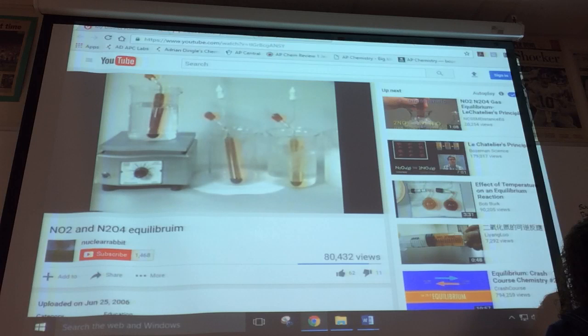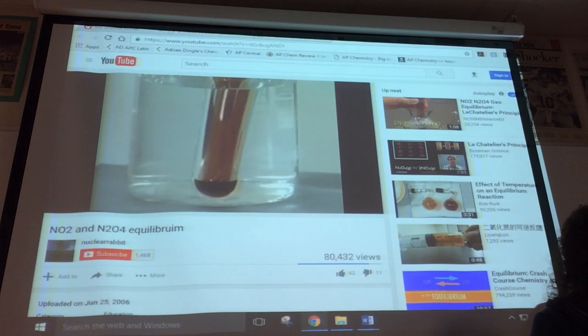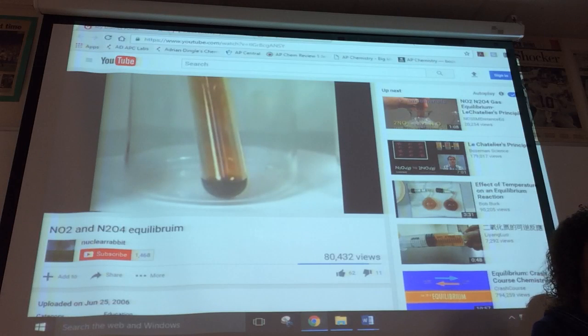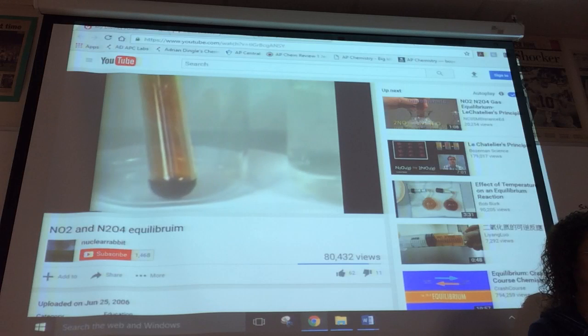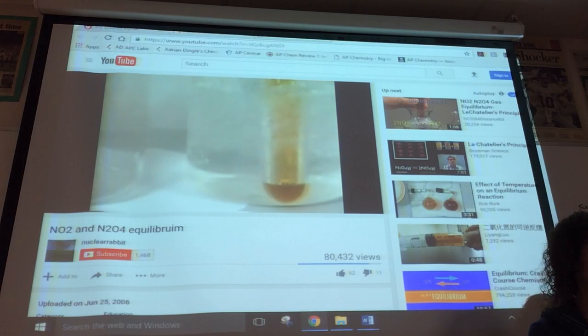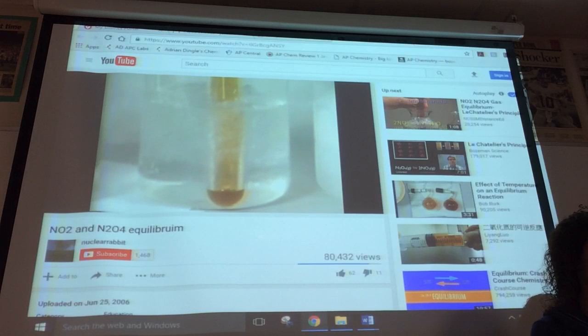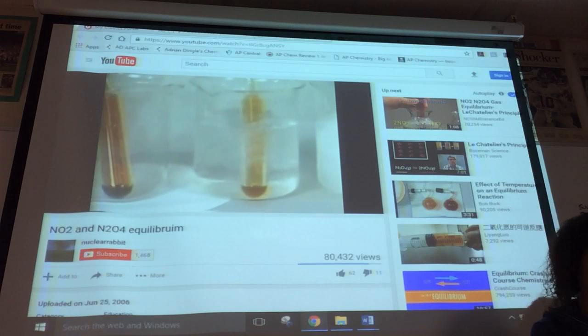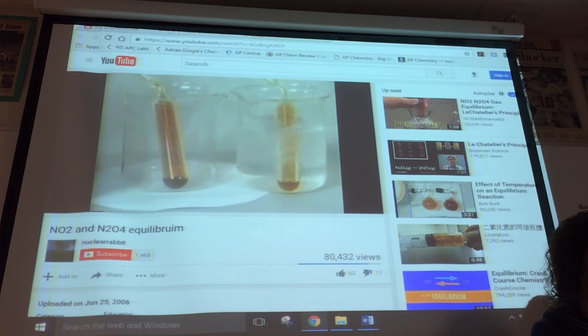After a few moments, we note that the tube in hot water has darkened in color. It now contains more brown NO2 than the tube which we kept at room temperature. The tube in ice water has less brown NO2 in it. It is much paler because the equilibrium has shifted to favor the formation of colorless N2O4.